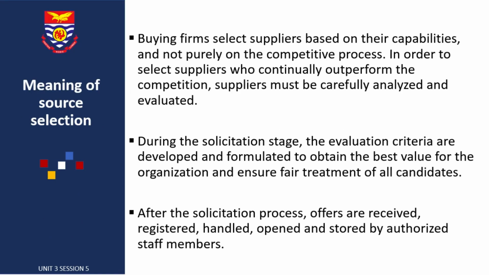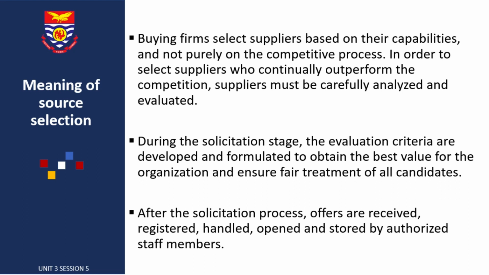So buying firms select suppliers based on their capabilities and not necessarily or primarily based on the competitive process. In order to select suppliers who continually outperform the competition, suppliers must be carefully analyzed and evaluated.